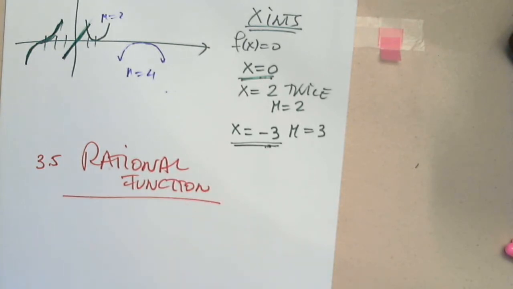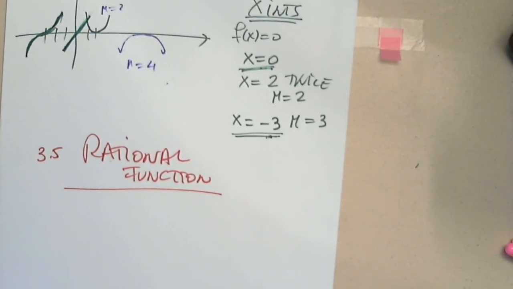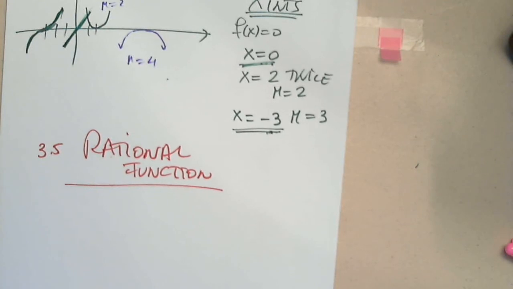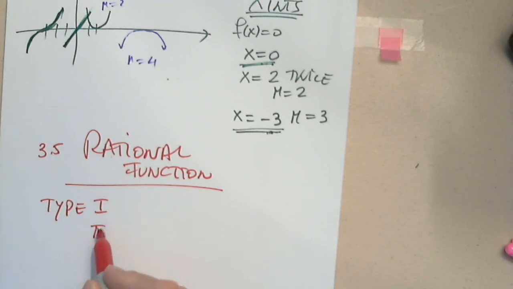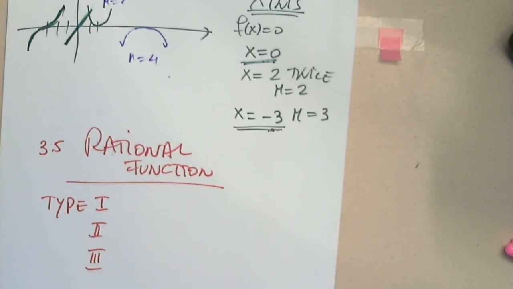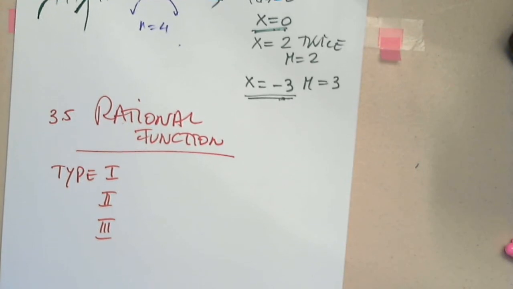Let me know if you cannot see, okay? So we are going to look at type 1, type 2, and type 3. Are there only 3 types of rational functions? No. But in this class, in algebra, it's all that we can do.